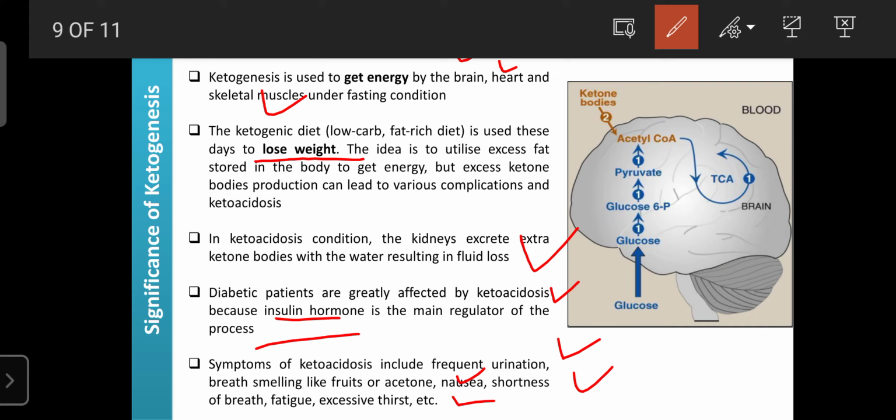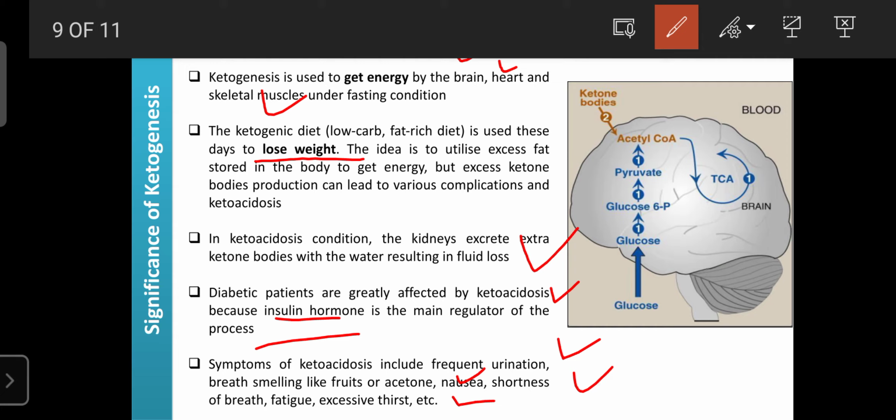The symptoms of ketoacidosis are frequent urination, breathing that smells like fruit or acetone. When you are breathing, you may feel a fruity or acetone smell in your oral cavity. That denotes you are suffering from ketoacidosis, or you may be suffering from nausea, shortness of breath, fatigue, and excessive thirst.